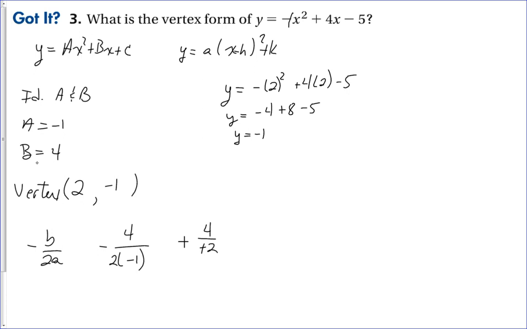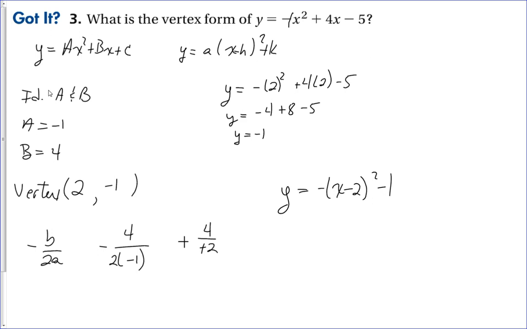So now we have a and b. We have our vertex. So you simply just plug it into here. So our final vertex form of that equation is simply y equals, bring the a over, so negative 1, x minus 2 squared minus 1.